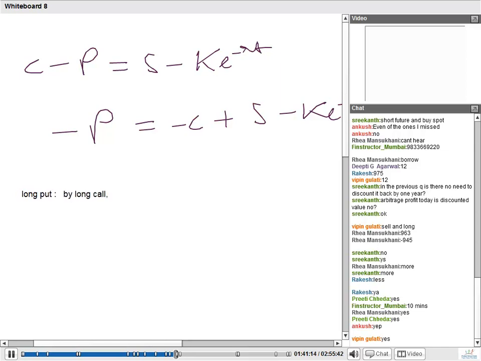Long call. What is plus C? Short stock. Because if I short stock, I'll have an inflow of S, and minus KE raised to power minus RT means invest at the risk-free rate. It's again a negative. It implies lending. It implies investment at risk-free rate, or you can say lending.